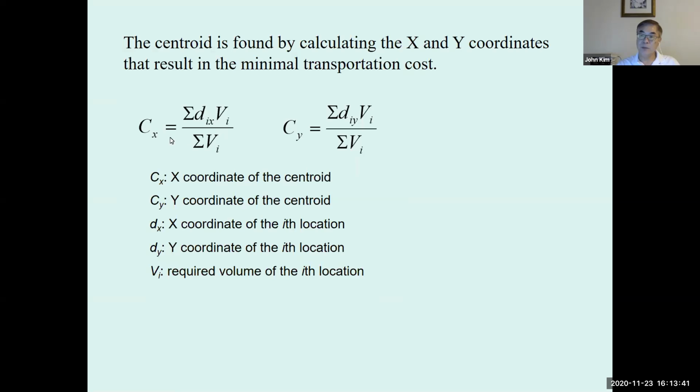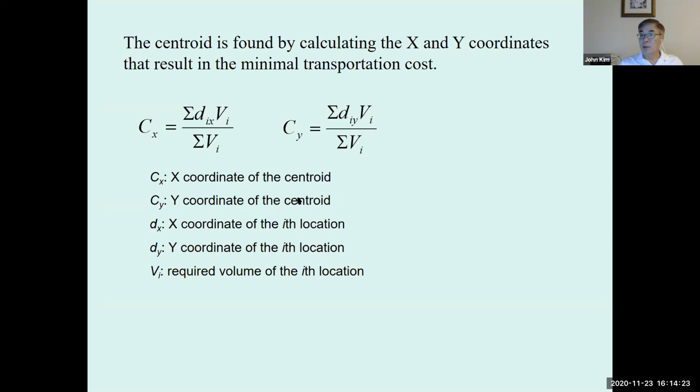Center point X coordinate and Y coordinate: the sum of each location's X or Y coordinate times its volume, added all together, divided by the total required demand or supply.